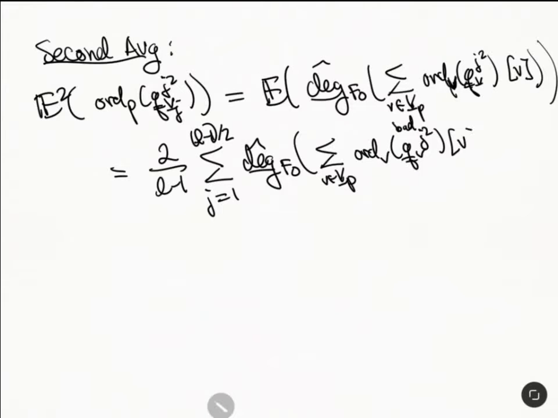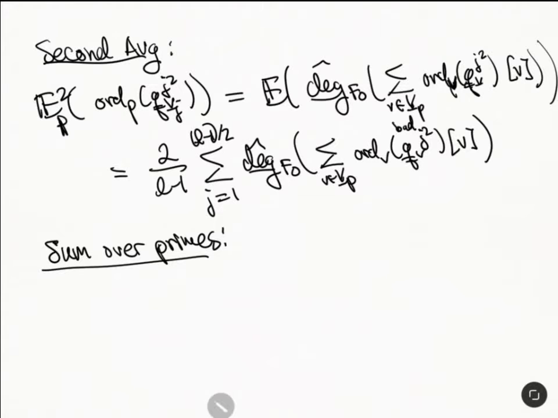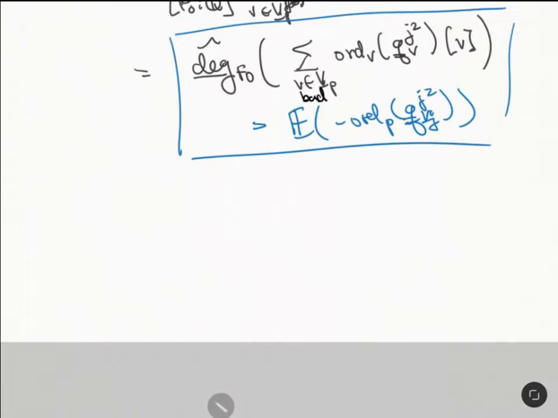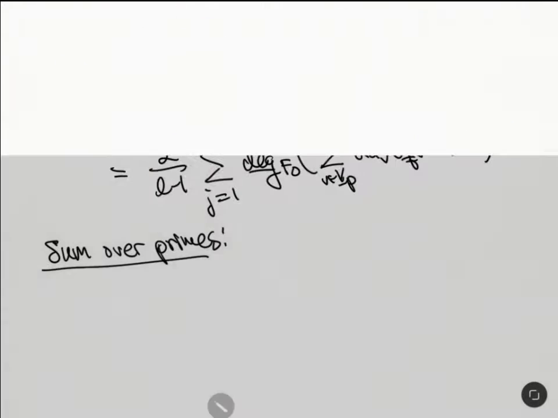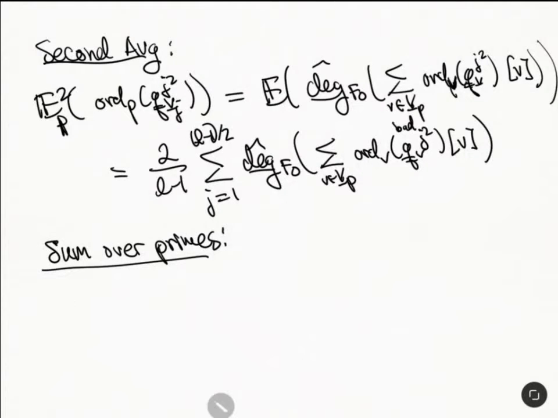Okay, and now we can combine them. So we sum over the primes. In this one there's no Archimedean place, so we don't have to worry about anything. I guess we could call this the expectation over p, and there's also a log p outside of this whole expectation over p.